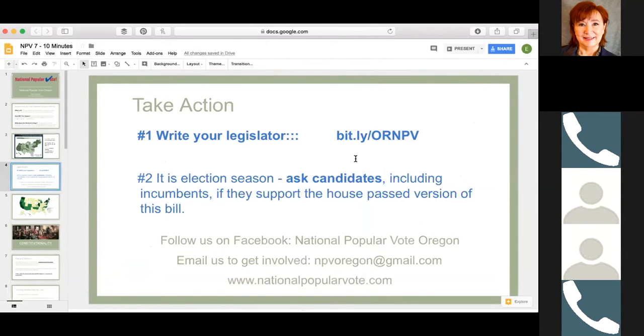And if they don't know about it, tell them to check it out, because this is a really important issue and was one of the most talked about issues in the building down in Salem last year. So it's definitely going to be back in 2019. It's already become a campaign issue. Senator Peter Courtney did have a primary challenger for the first time in 20 years, this being one of the reasons she ran. She was not successful in that primary election, but he does also have a general election challenger who does support the National Popular Vote Interstate Compact.